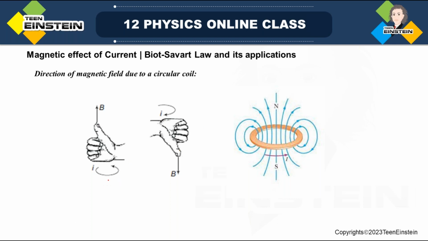If you have a loop and the direction of current is in this direction, then hold this coil with your four fingers, and the tips of the fingers should point in the direction of the current in the loop. Then the thumb will show the north pole.